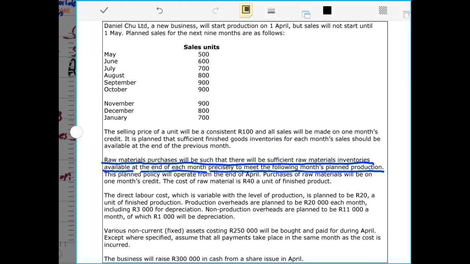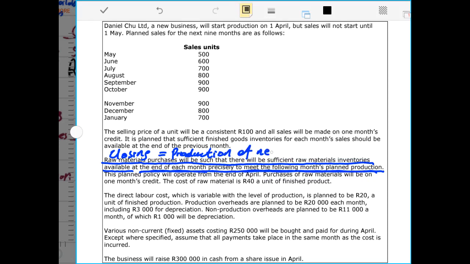That's what it means. In other words, this means closing should be such that it is equal to production of next month.